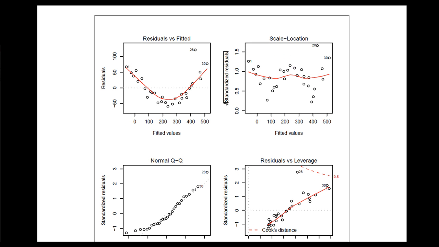On the other hand, these diagnostics are not so good for regression. Here the residuals versus the fitted plot has a definite parabolic shape. This tells us that, I'm sorry, I think I made a mistake before.